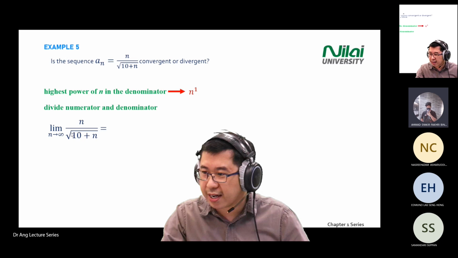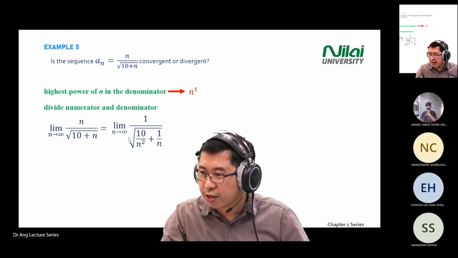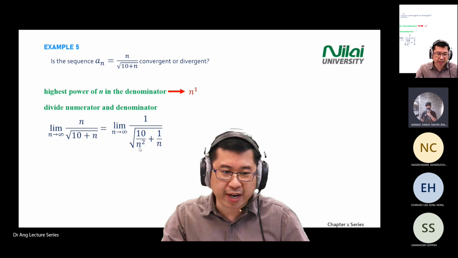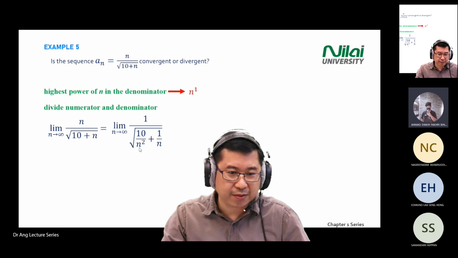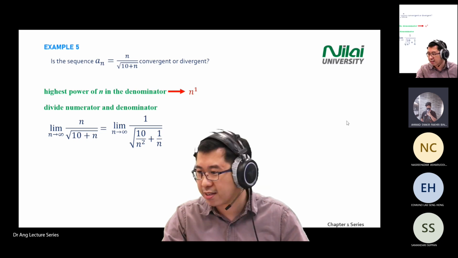If you want to bring your n into this square root, you have to write n squared. So if you divide this one with n and bring it down, you are dividing with n squared. You see?